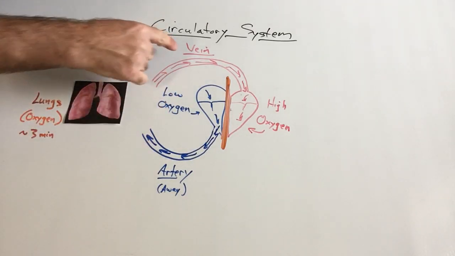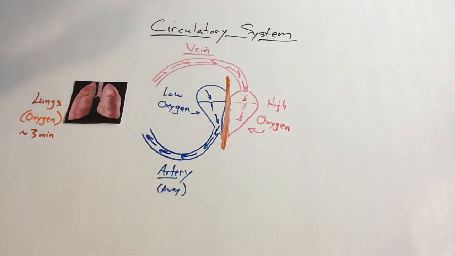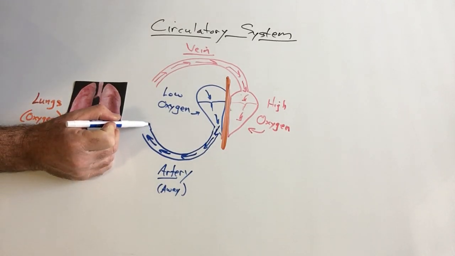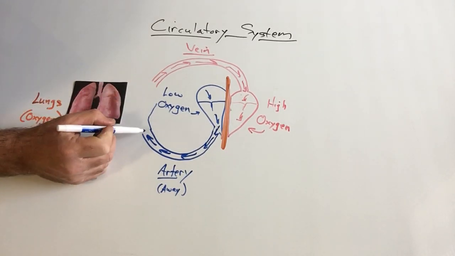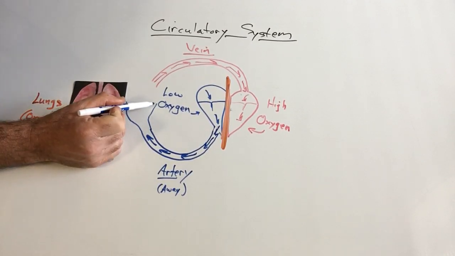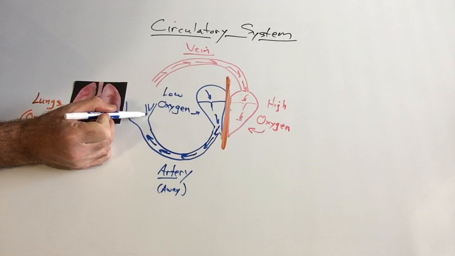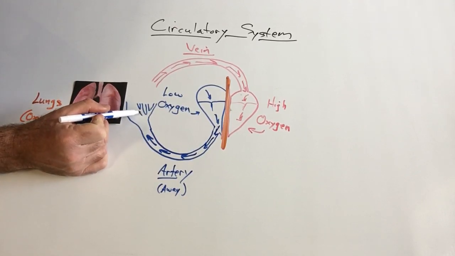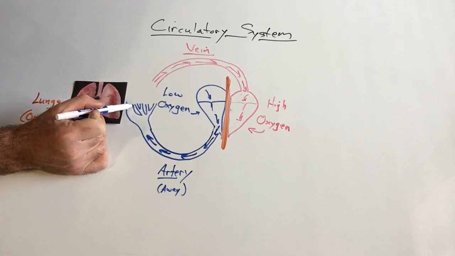Now, here we have artery, we have vein. What we need to talk about is capillaries. Now, capillaries are much, much, much smaller. They are tiny blood vessels. In fact, they are so tiny that blood often goes through single file. Can you believe that?